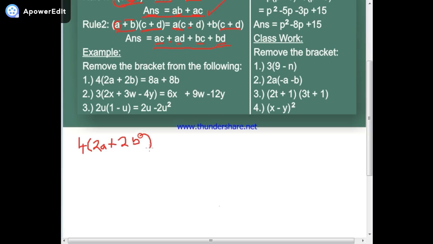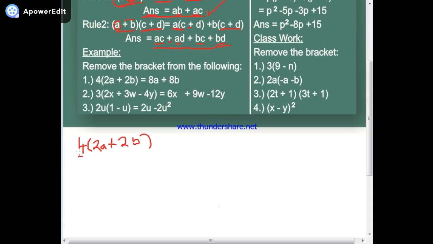So what are you going to do? The first thing you're going to do is to remove the bracket. Now if you want to remove the bracket, how are you going to do it? What you are going to do is to use the one outside to open the one inside.